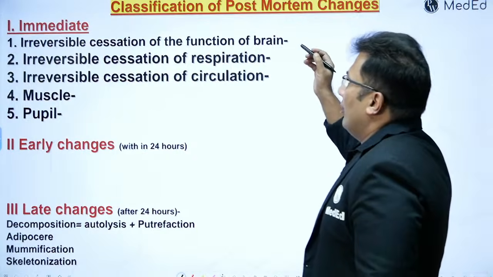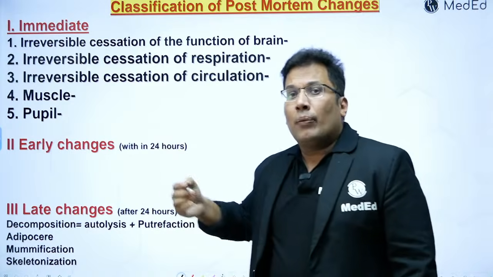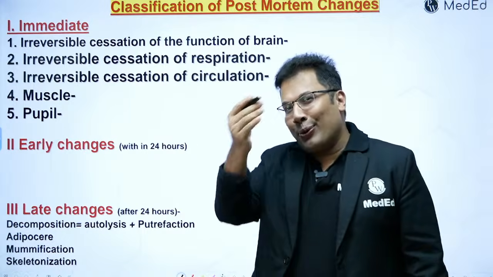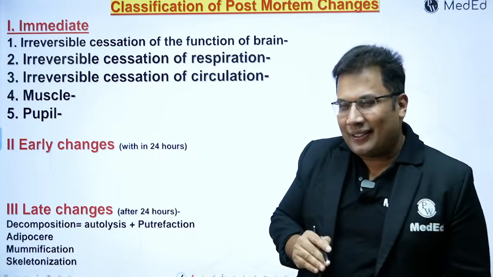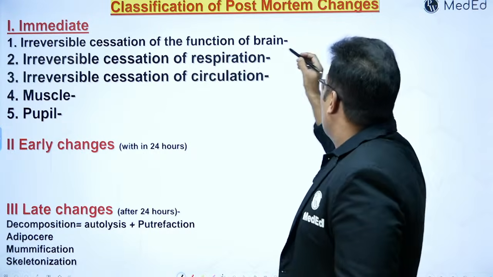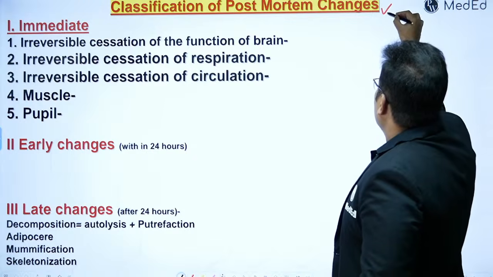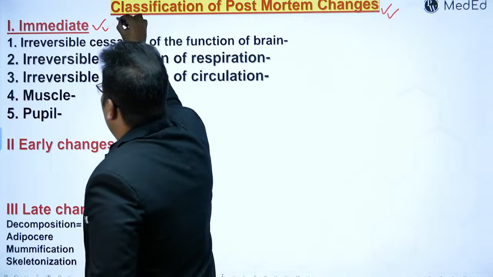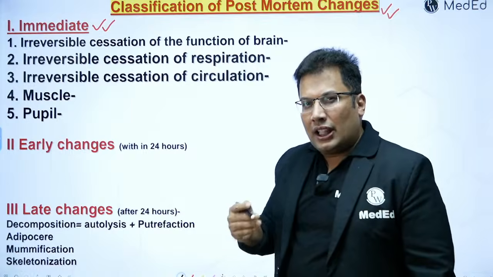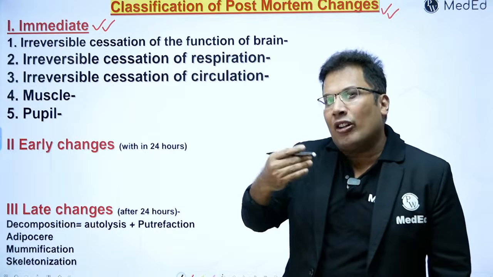So what are post-mortem changes? See, post means after death, ante-mortem means before death. So classification of post-mortem changes: one is immediate changes, that means that occurs immediately after death.